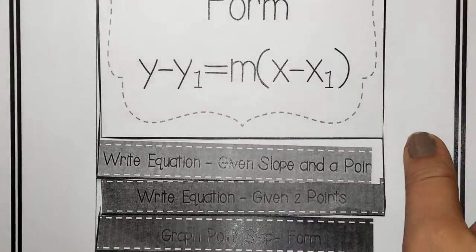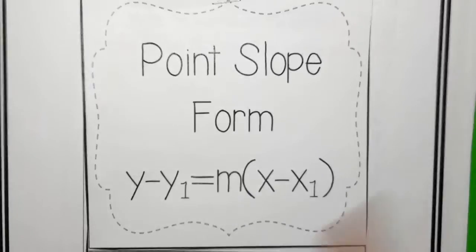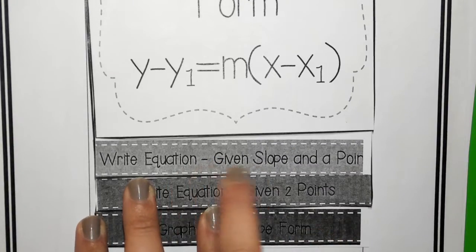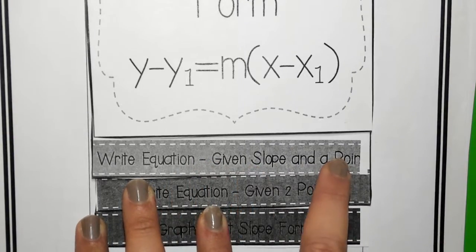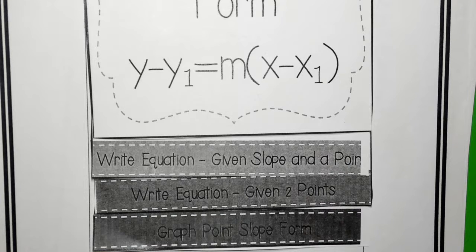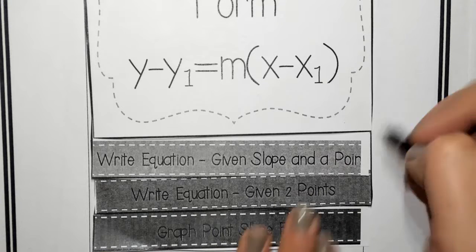All right, so what we're going to do today is practice writing it. The first thing we're going to practice is if I give you a point and a slope. So let's put a T on the end of that, since for some reason it didn't print.